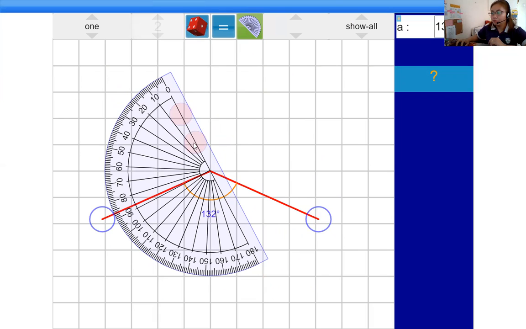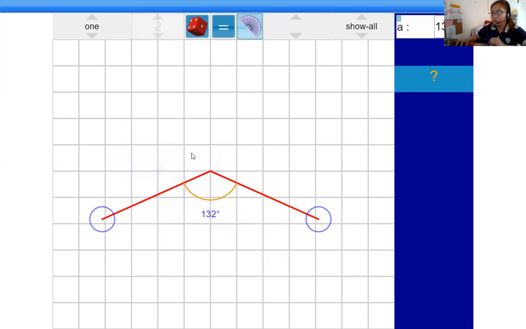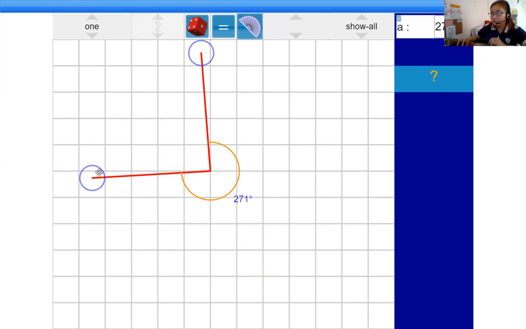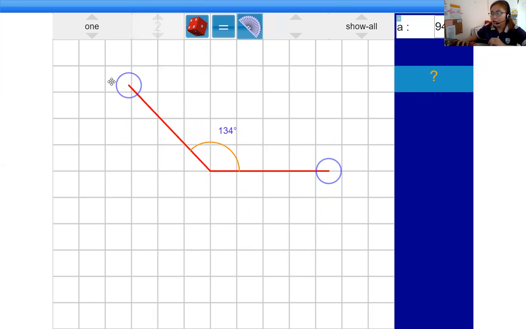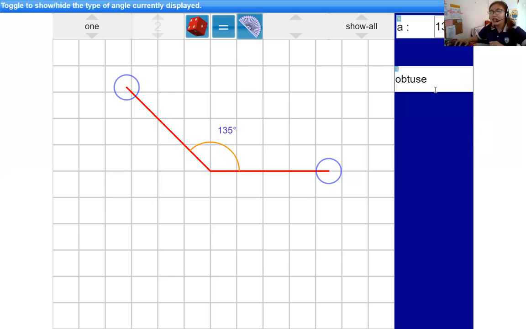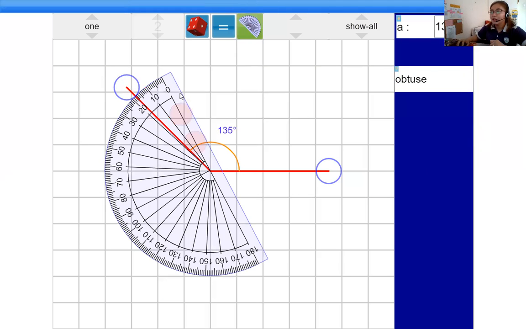There. Okay, let's say we have 136 degrees, or 135 degrees. What kind of angle is this? Correct, an obtuse angle.